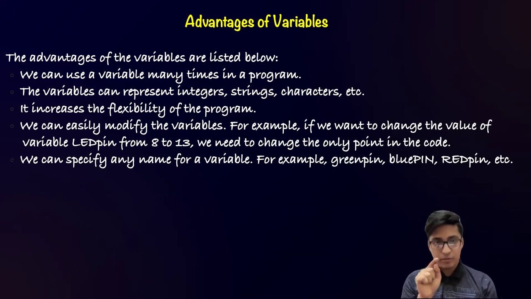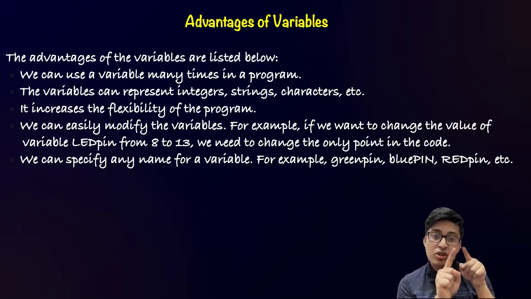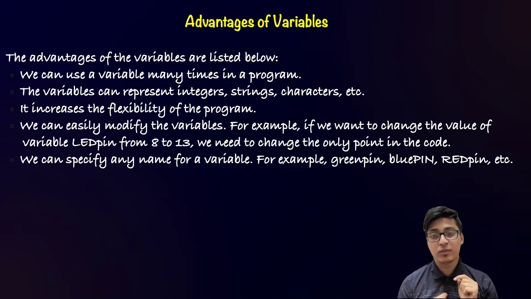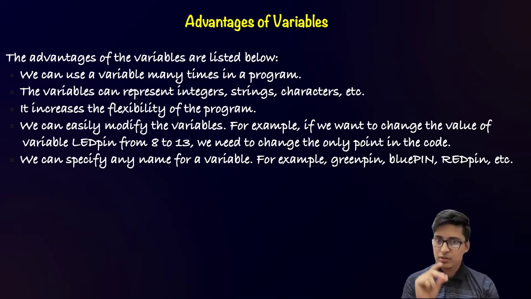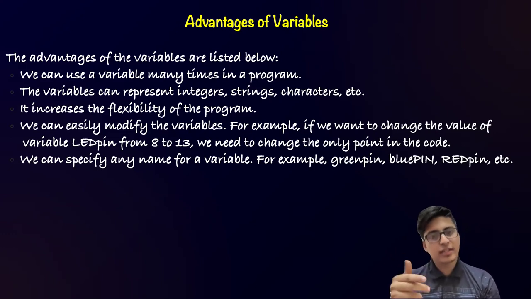Go through the code, find 8 wherever you have assigned the value, and change each of them to 30. What I have to do is just go to where I have declared int LED pin equal to 8 and replace the 8 with 30, and my whole code will run according to pin number 30. So you just need to change it once, and the whole code will act. The intent of the code will change from 8 to 30. That's the reason.